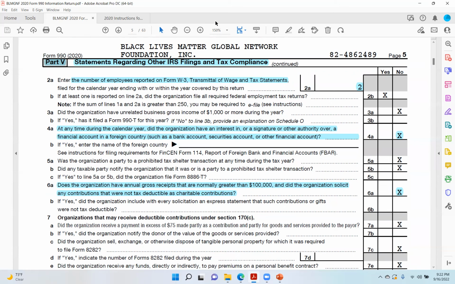So I'm going to pause. I'm going to go back to my PowerPoint on the page that I was going to come back to once we have discussed the Form 990 information return so that we can look at filling in the blank here.